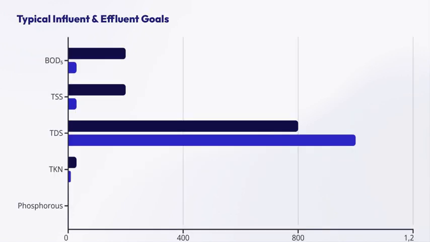Now, let's take a look at the typical influent and effluent goals in wastewater treatment. On this slide, you'll see two columns, influent in milligrams per liter, and the corresponding effluent goal also in milligrams per liter. Modern wastewater treatment plants are really designed to do a couple of critical things. First, they aim to remove most of the suspended material. That includes settlable solids and colloidal particles that can cause problems if left untreated.